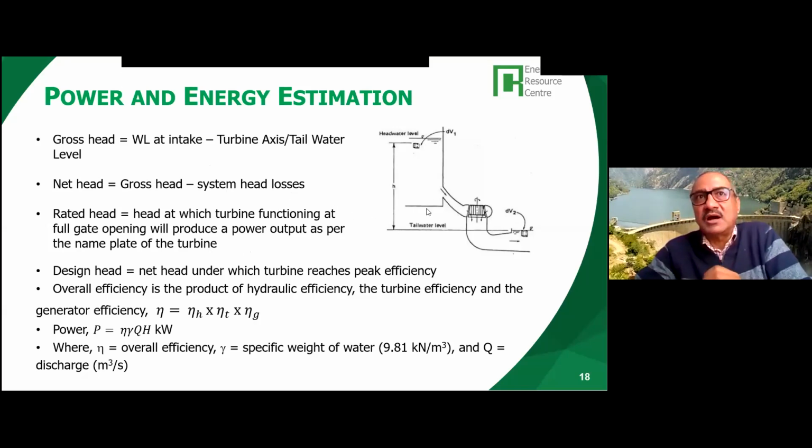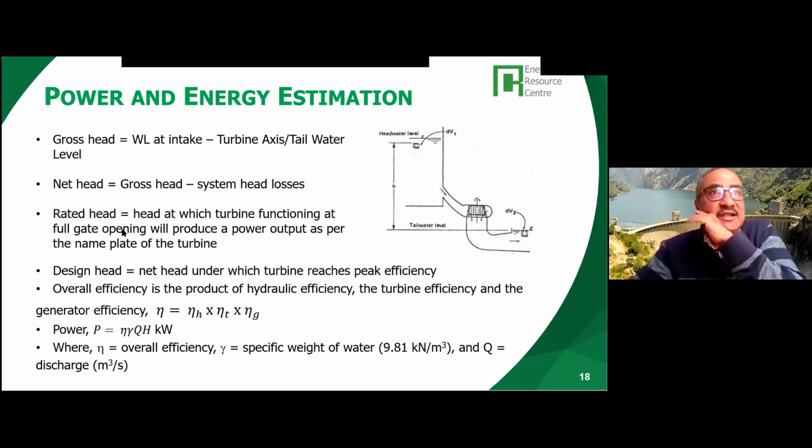Mind you, the main objective of designing the civil structures, which will start today and maybe flow to tomorrow, is how to design the intake, the canal, the forebay, the gates, everything, with minimum system head losses, so that whatever head we can get is maximized up to the turbine.